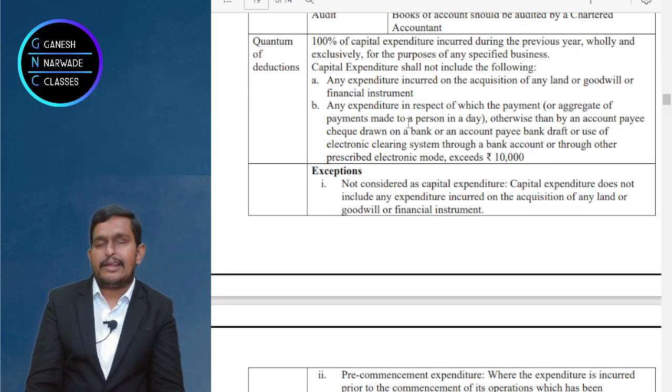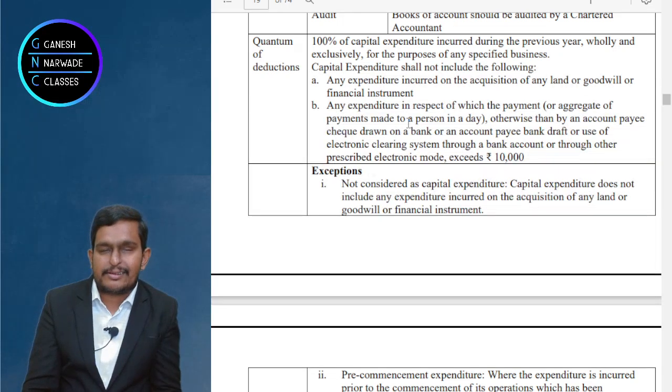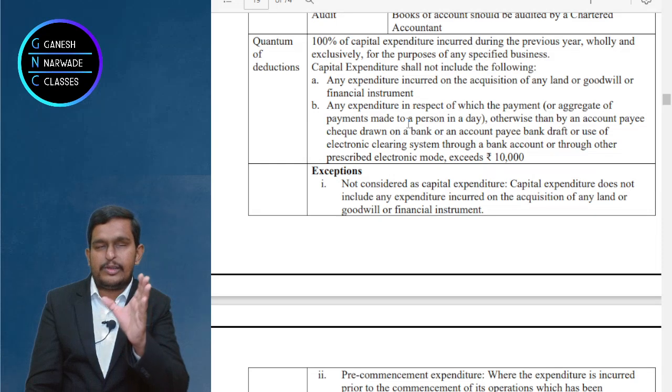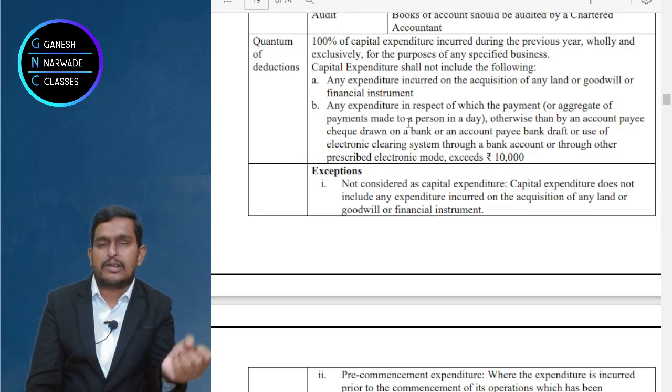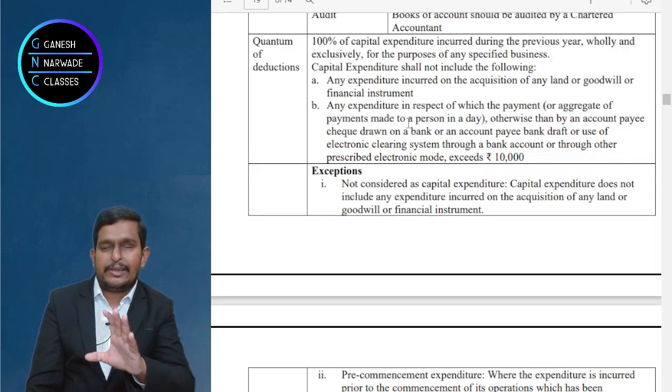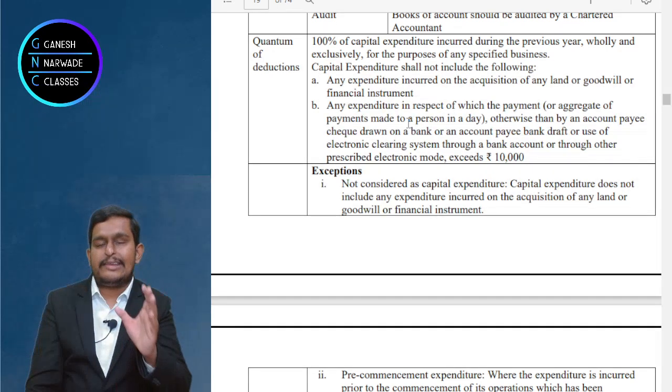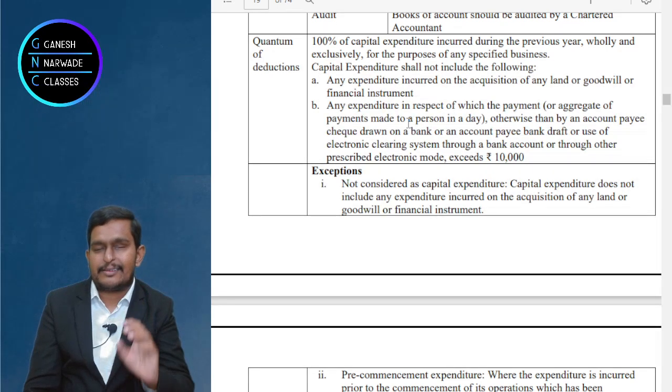Now suppose, for example, certain expenditures are incurred before commencement of business. You want to incur certain expenditure, that too before commencement of business. So you incurred it. Now you capitalize that expenditure in the year of commencement, and on capitalizing, you get the deduction.